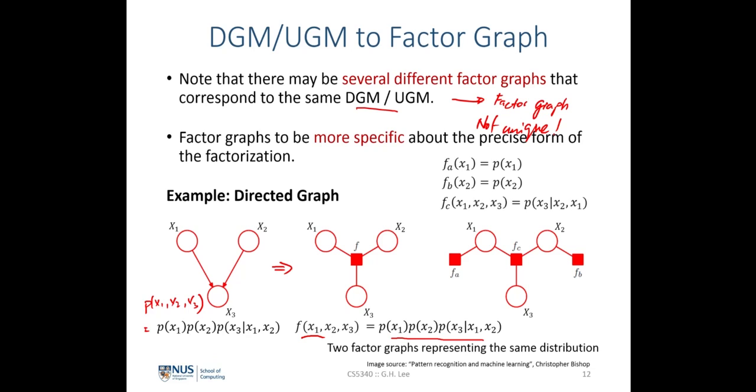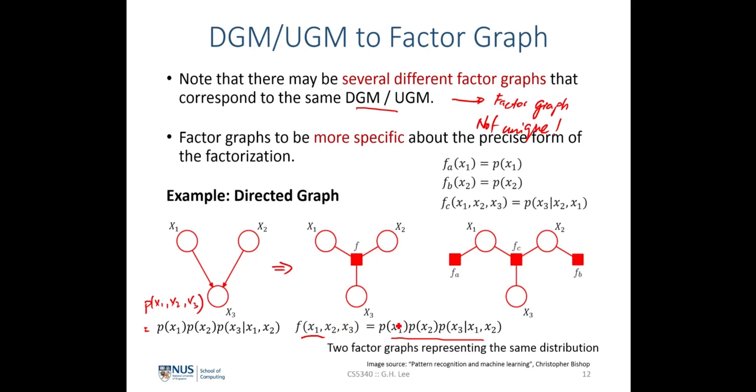So there's no need to explicitly state that this can be further factorized into P(x1), P(x2), and P(x3 given x1 and x2).